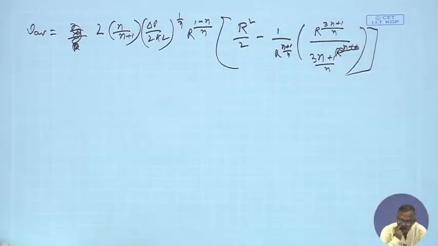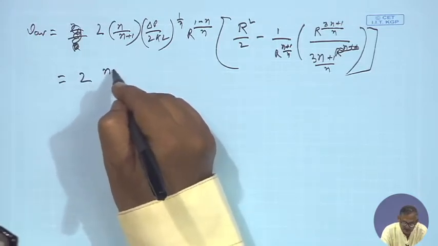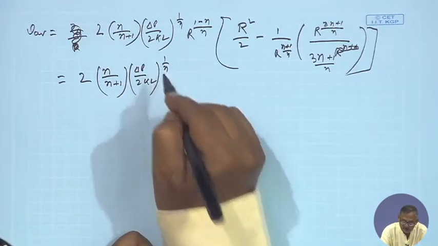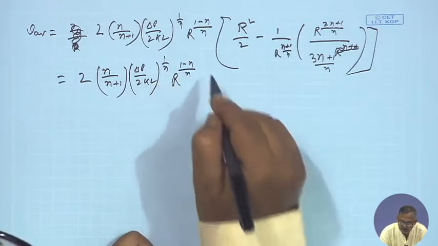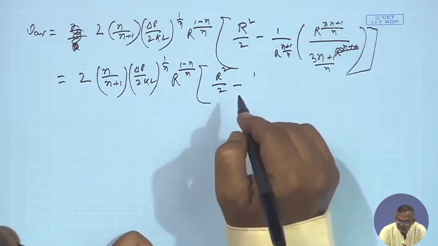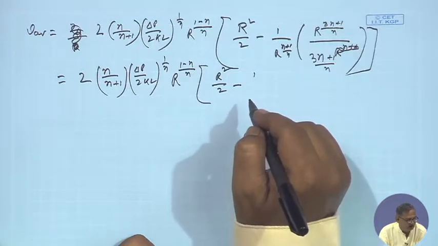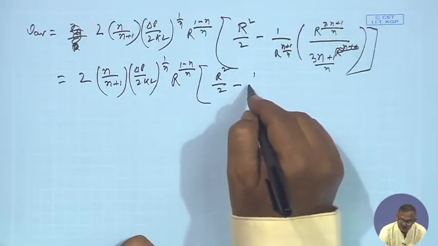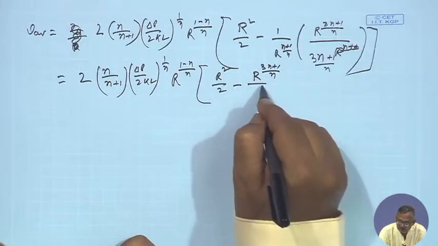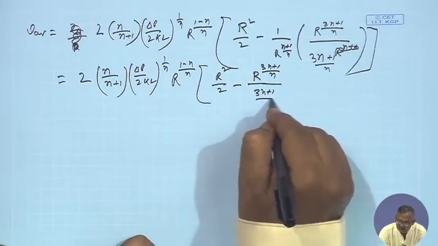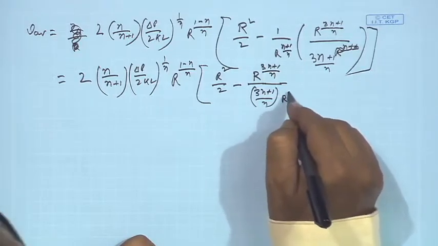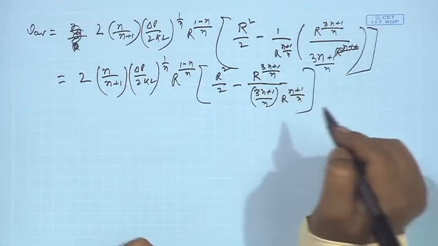So, if we now rewrite, this is equal to 2 into n by n plus 1, delta p by 2kL to the power 1 by n, r to the power 1 minus n by n, and let us rewrite r square by 2 minus 1 by r to the power 3n plus 1 by n divided by 3n plus 1 by n into r to the power n plus 1 by n, right.